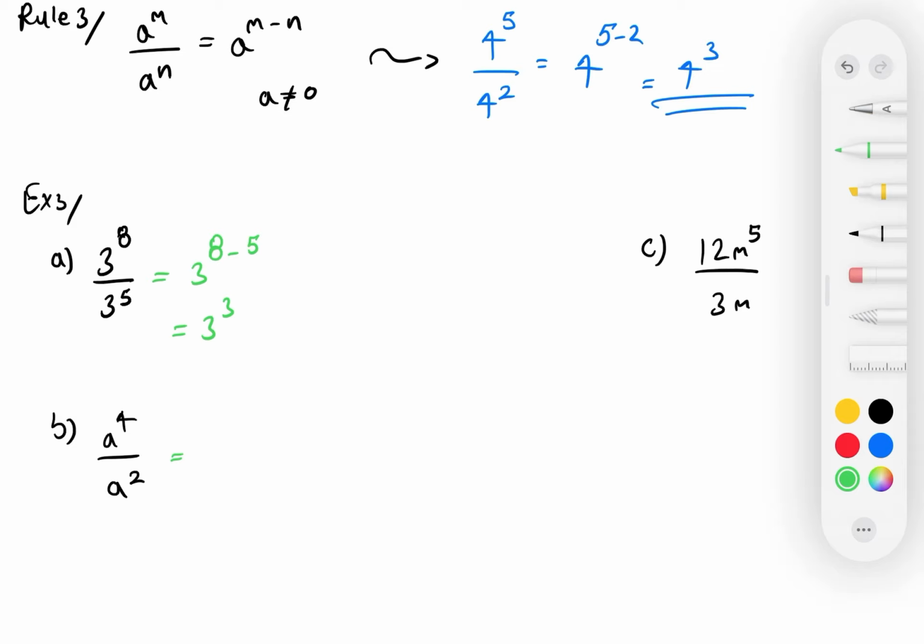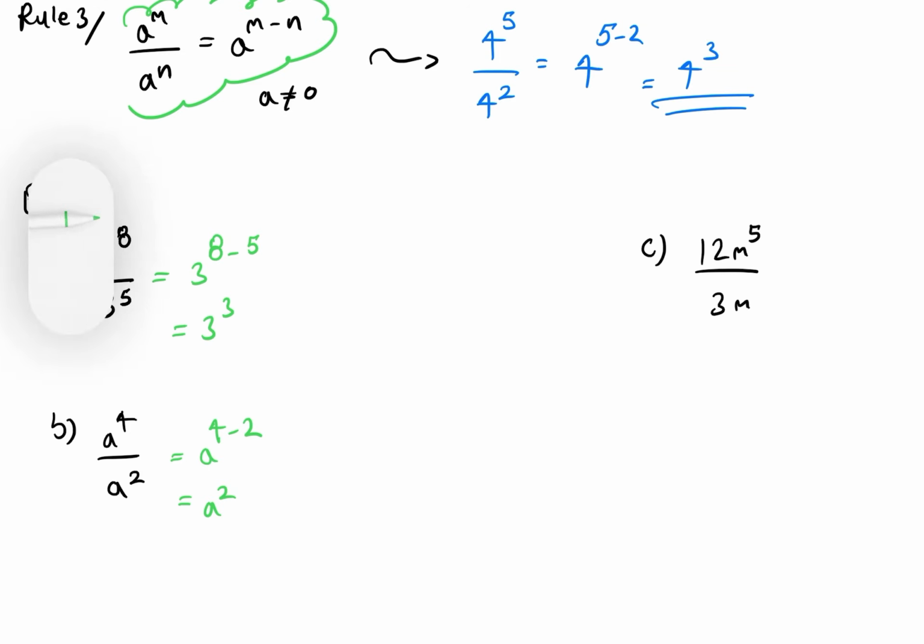For B, a to the power of 4 over a to the power of 2, you can write it as a to the power of 4 minus 2, because according to the rule, you subtract their powers when you write them with one base. So a to the power of 2.